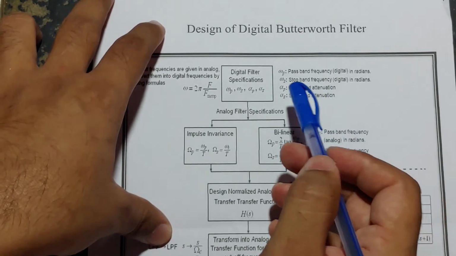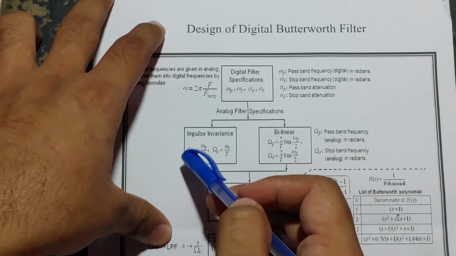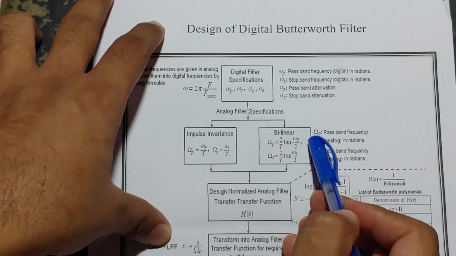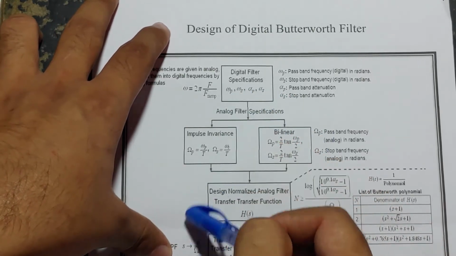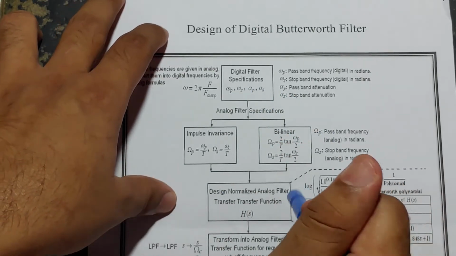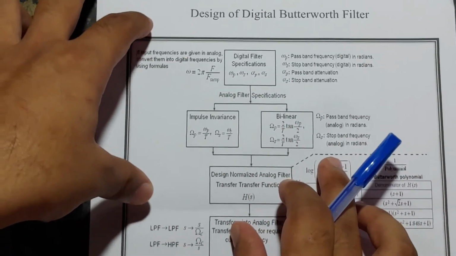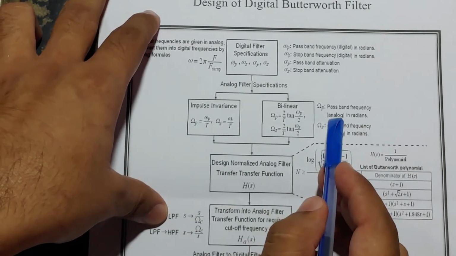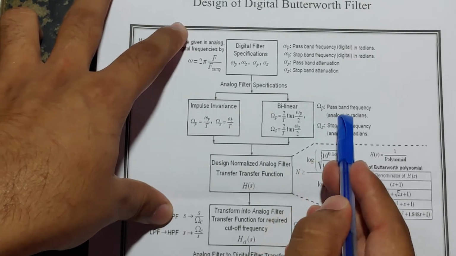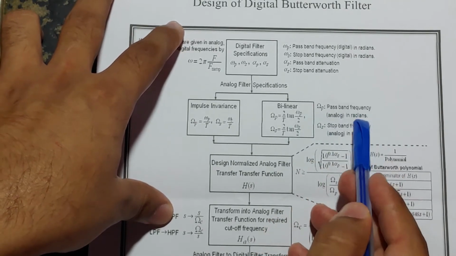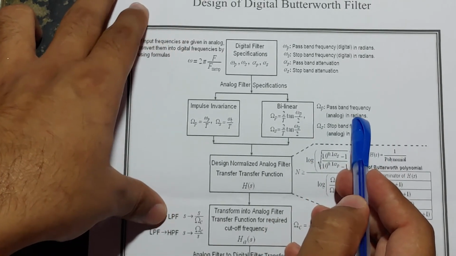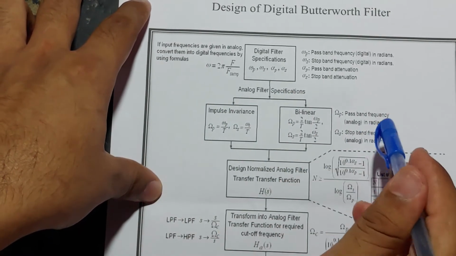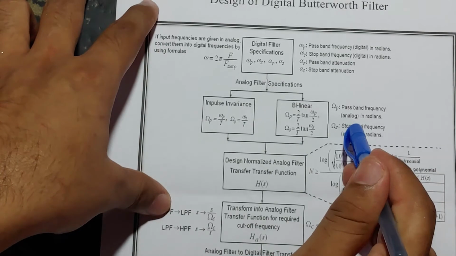And when they are asked to produce in different methods like impulse invariant response and bilinear transformation, we have to follow different steps which are included in this sheet. First of all, we have to find this omega p, which is represented as passband frequency, in radians. Make sure to convert this given frequency into the radians format.